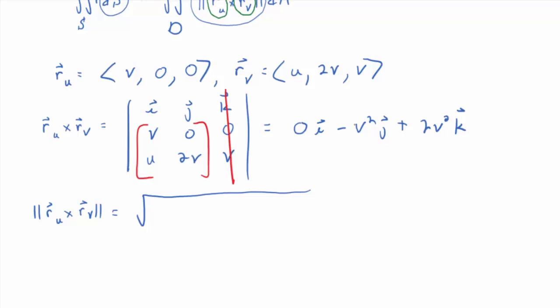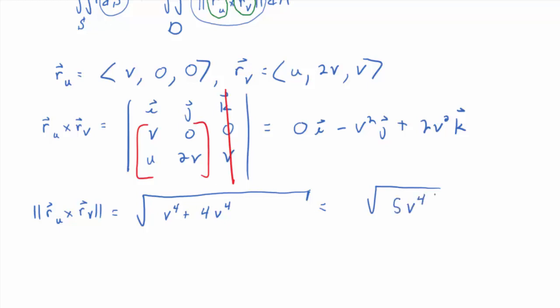0 squared plus, you're going to square out that negative, so v to the 4th, and then what else? 4v to the 4th, which is what? 5v to the 4th.